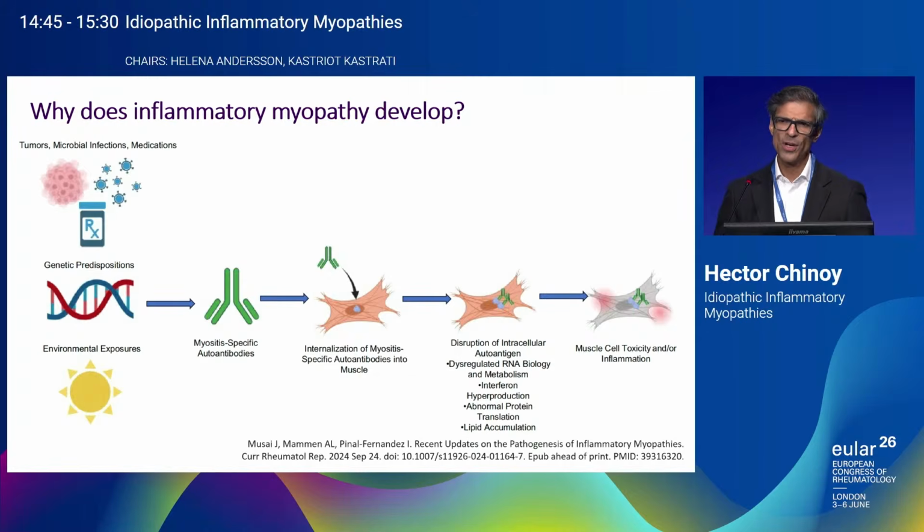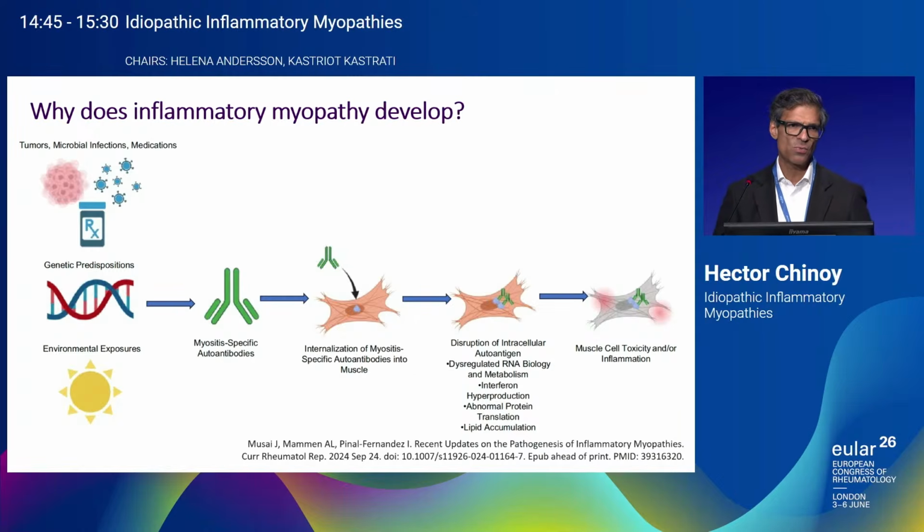And we all know that autoimmune disease arises in people who are genetically susceptible and who have had environmental exposures throughout their life course, which will eventually predispose, and then there'll be a trigger that commences the autoimmune process. The production of myositis-specific antibodies is increasingly accepted as being pathogenic and having a role in the overall disease process.